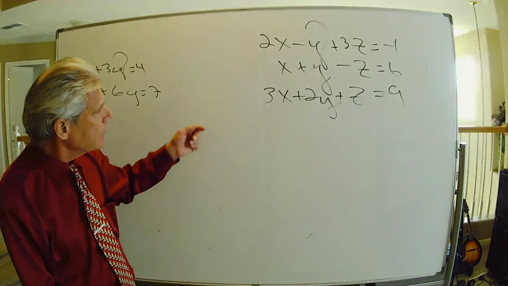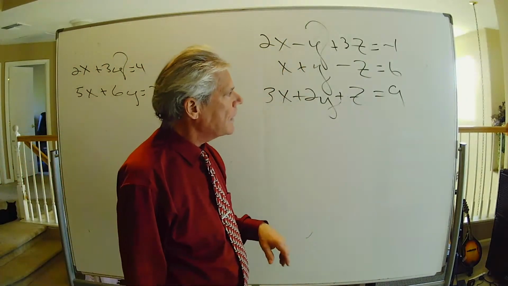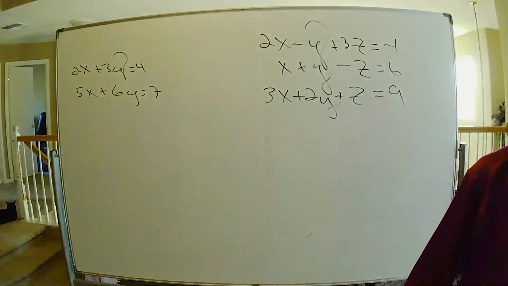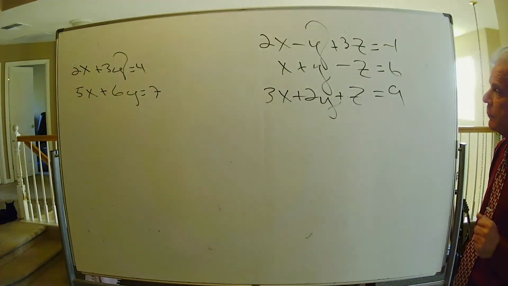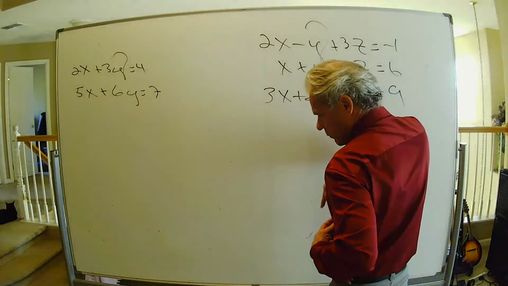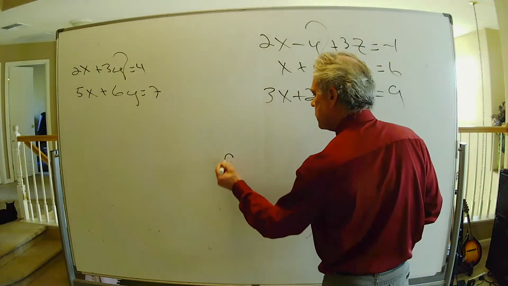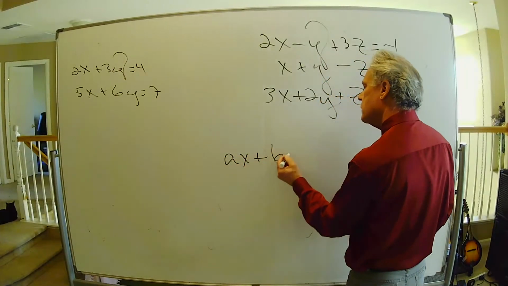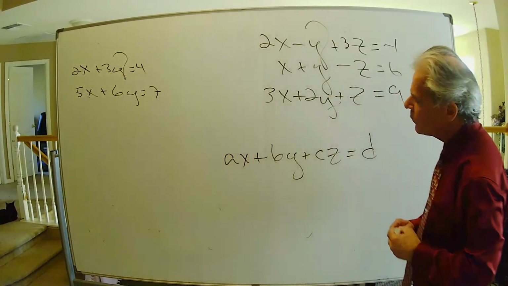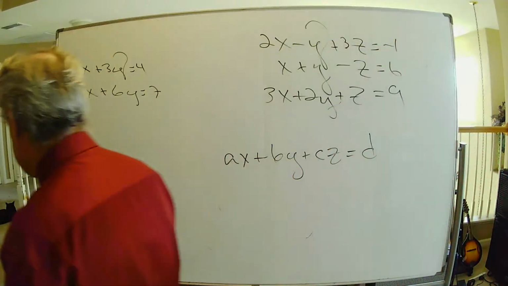Now, when it comes to a linear equation in three unknowns, that does not represent a line in three space. We're going to have to start talking about vector theory or vector calculus, actually, to get to that point. Instead, an equation of the form ax plus by plus cz is equal to d represents, geometrically speaking, a plane in three space.